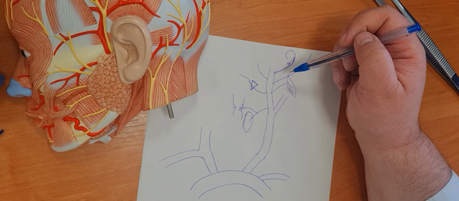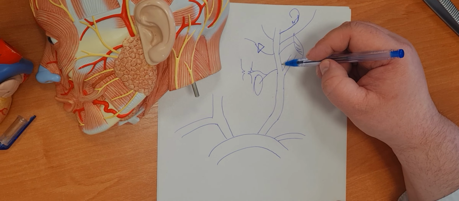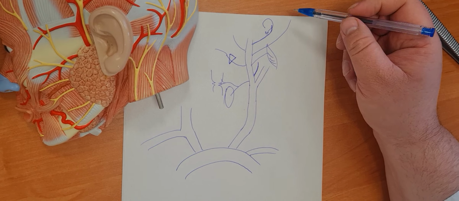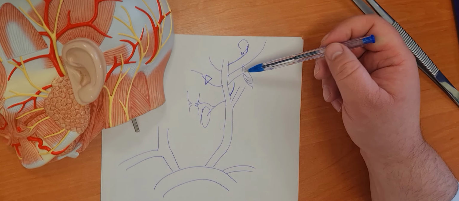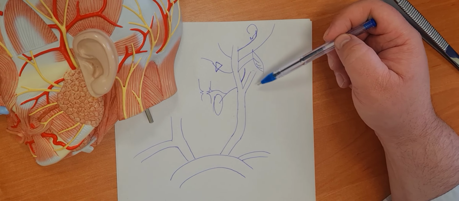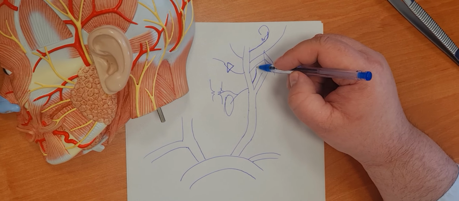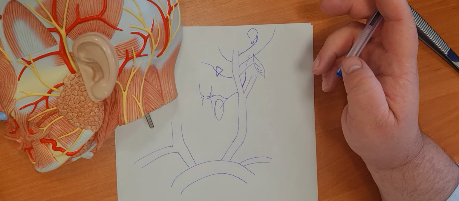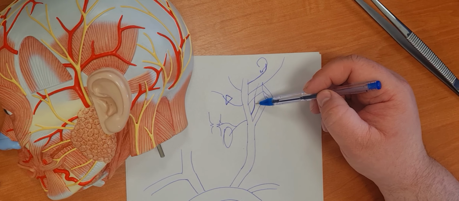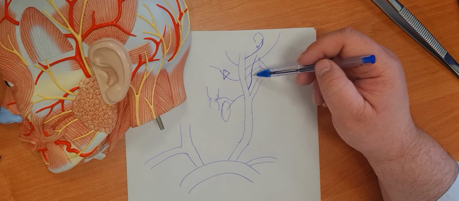And last, the middle group of branches. Here it is, first of all, arteria pharyngea ascendens. This artery passes in the space between the external and internal carotid arteries, supplies the pharynx, and also it goes to the dura mater in the posterior cranial fossa, that is the ascending pharyngeal artery, arteria pharyngea ascendens.